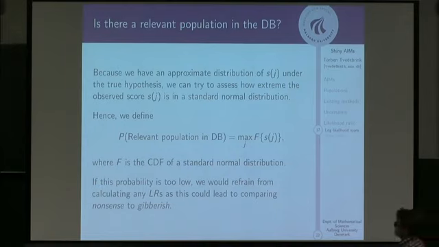One way of doing this is simply evaluating the score for each, looking it up in a standard normal distribution, and if we get a sensible probability out of that, then we are okay to form a likelihood ratio for each of these different pairs. But if it's too low, then we stop and say we don't have a representative population in the database, and we cannot do anything more with that genotype in terms of aims.